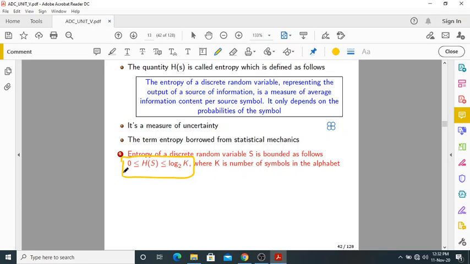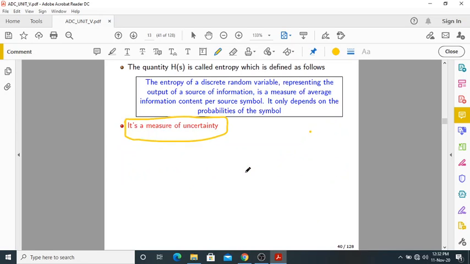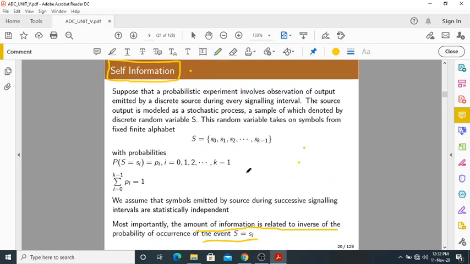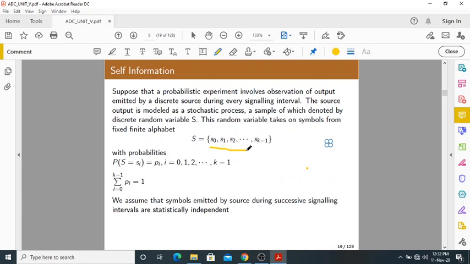What is the minimum value of entropy? 0. What is the maximum value of entropy? Log of k base 2. What is k? The number of symbols in the source alphabet, the number of symbols in the source capital X.